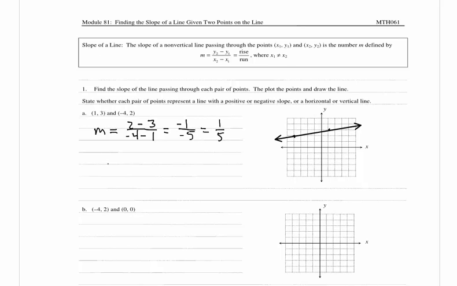So here we have a positive slope, and if we have a positive slope, that means that our line slants upward from left to right.